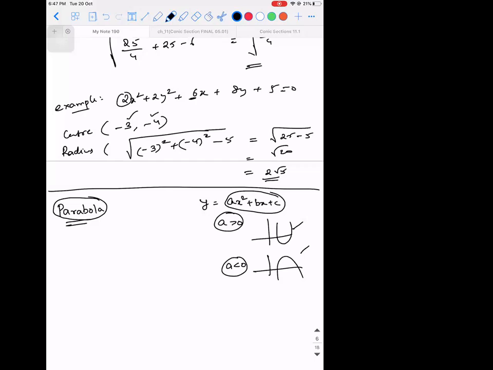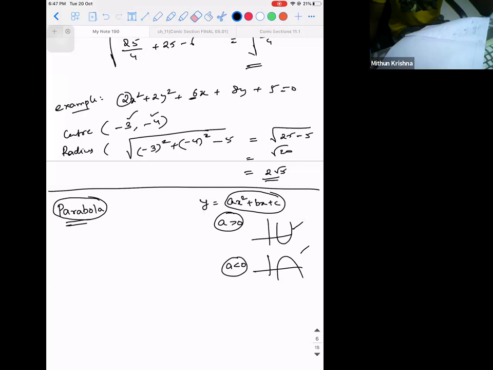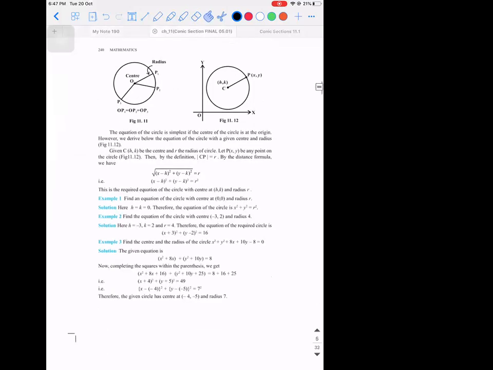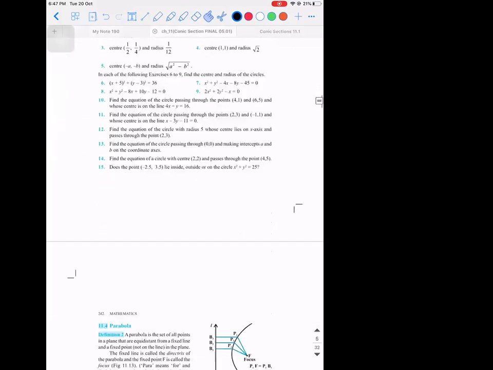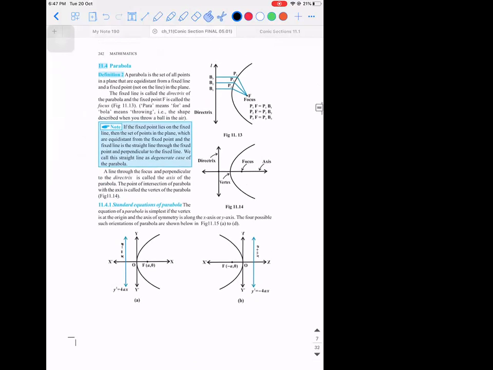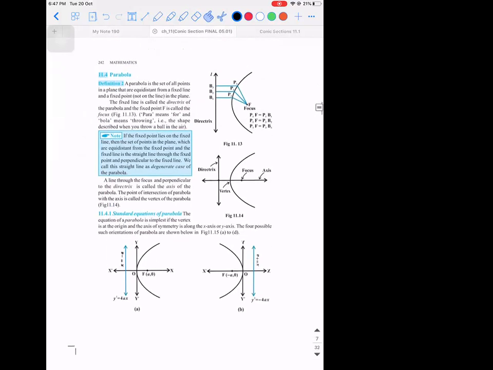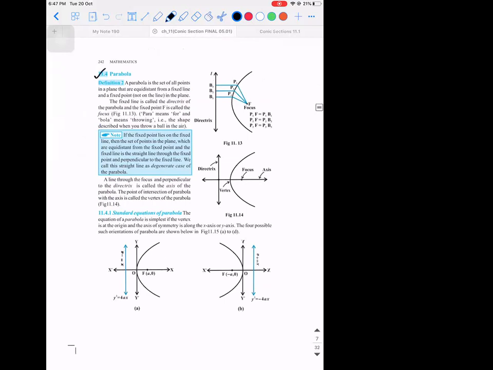Let's see what is the mathematical definition of it. Okay. So listen. So the shape is going to be like a C. Right. So write down the definition, guys.